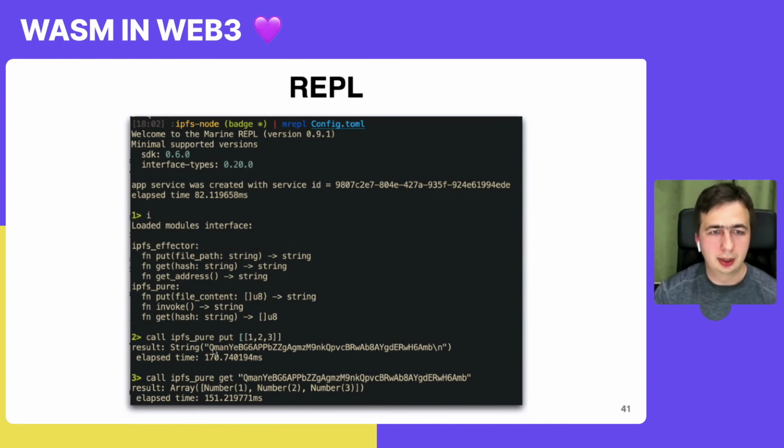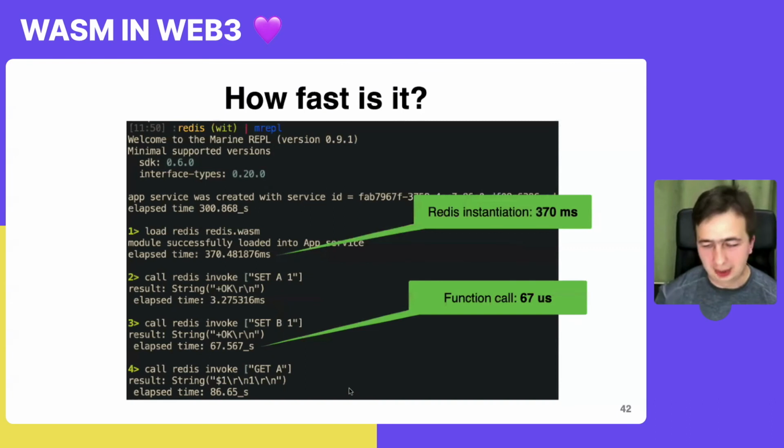And this puts the data internally through the CLI interface. It's called IPFS put. So it stores this piece of data inside the IPFS network. And by using the hash provided by this function, we can get back our 3 numbers. Yes, and you can see that the numbers are the same.